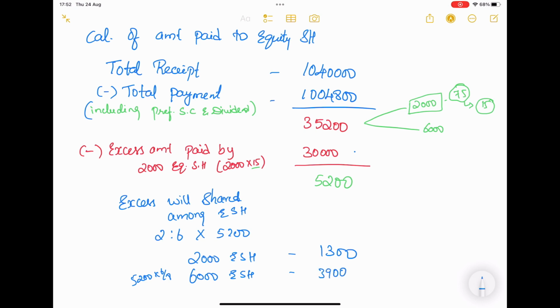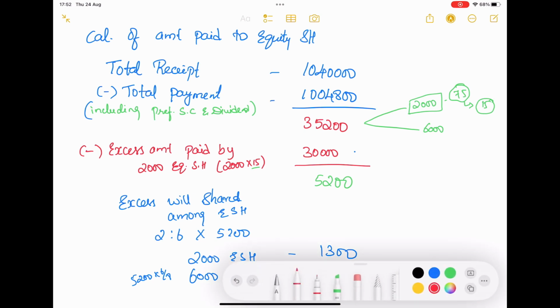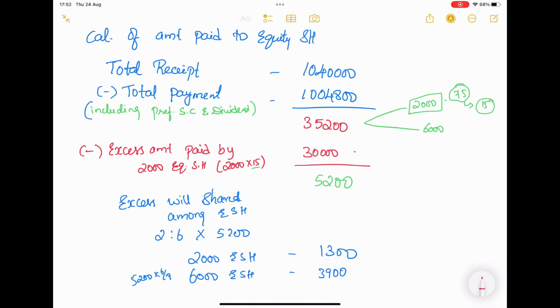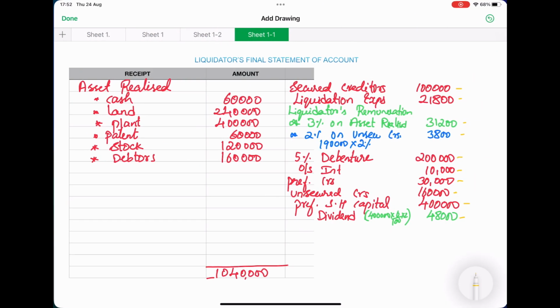Yes, this is how we are going to pay. Very easy and simple, don't get confused. This 30,000 I will add here itself, so we can directly write the total in the amount column in the statement. Yes, 31,300. This value I have written here.